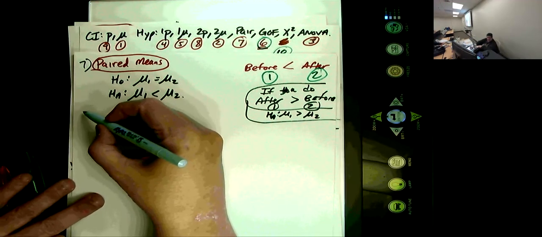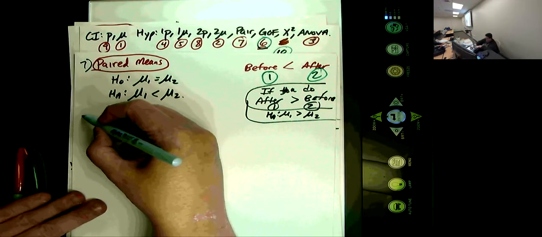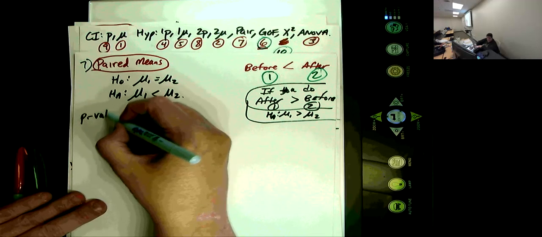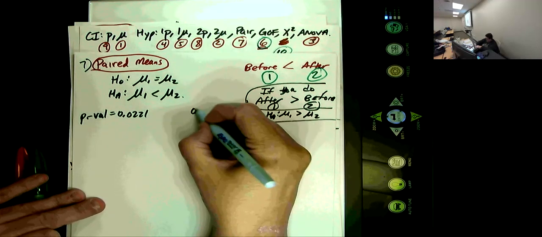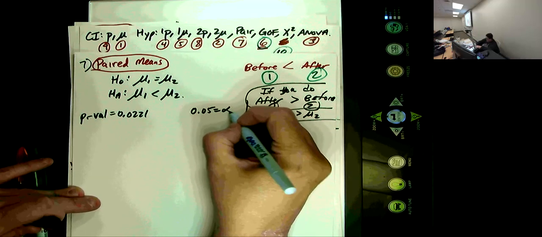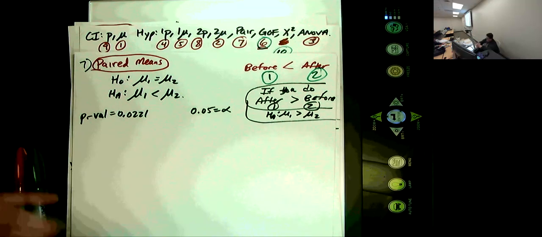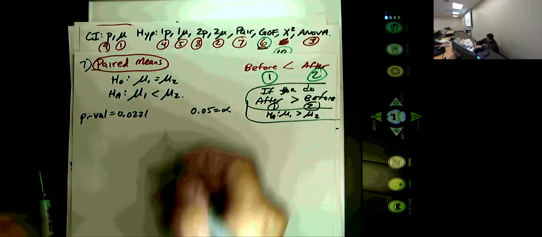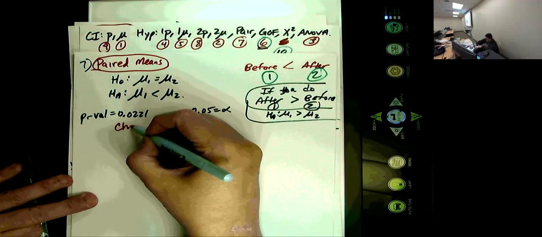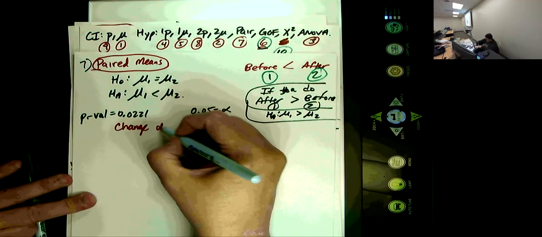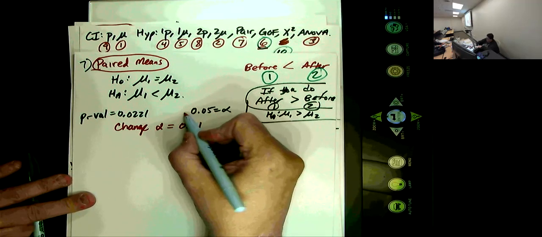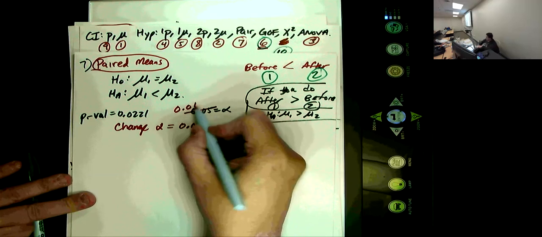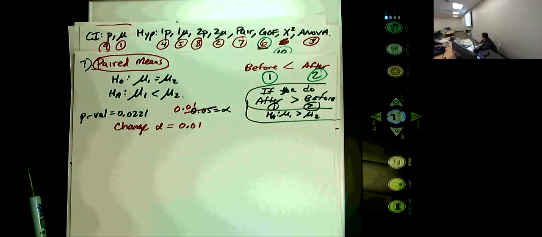Let's see. The p-value is 0.0221. It says alpha equals 0.05. As an executive decision, change alpha to be equal to 0.01. Because we don't have any tests on this practice exam that said do not reject.